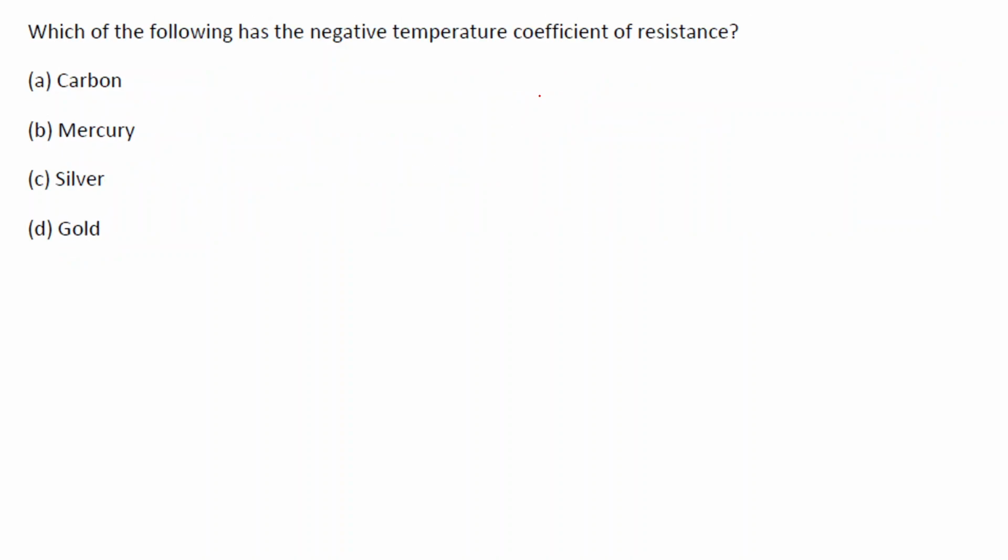Okay. Next question is, which of the following has the negative temperature coefficient of resistance? So what do we mean by temperature coefficient of resistance? As I told earlier, and you must be knowing, for any material, when we increase its temperature, there is a change in its resistance.